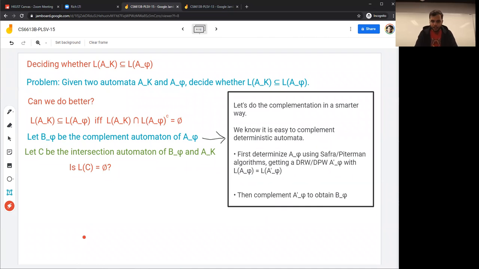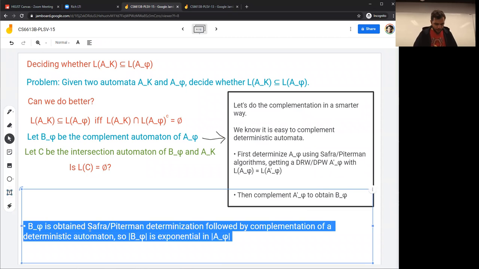Okay, so what do we gain by this? Basically, previously we were spending doubly exponential time here, but now we are only spending exponential time to determinize, and then we are complementing it in polynomial time because complementing a deterministic automaton was easy.